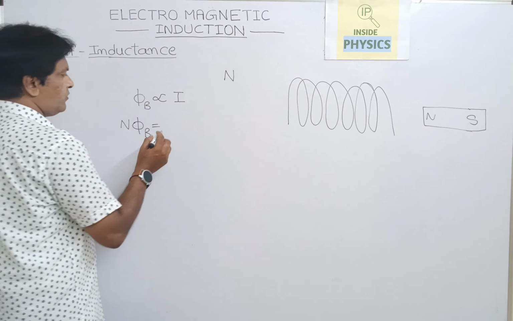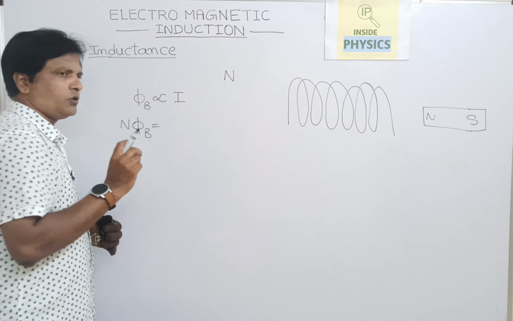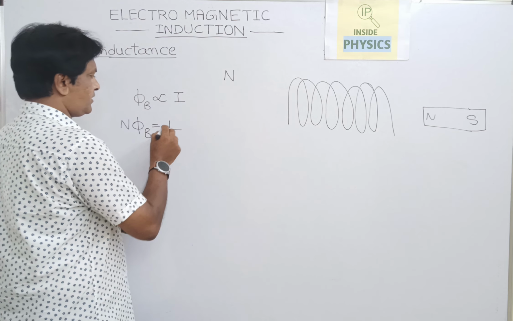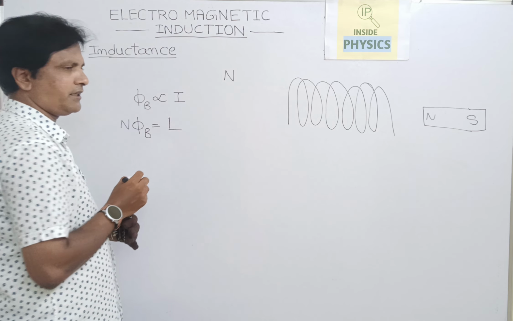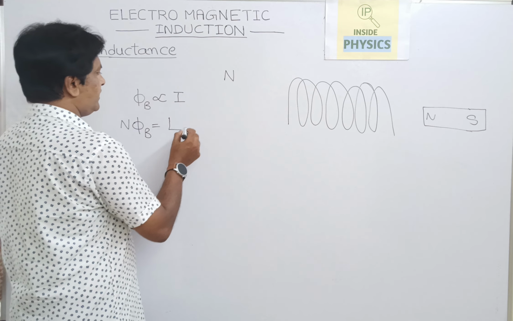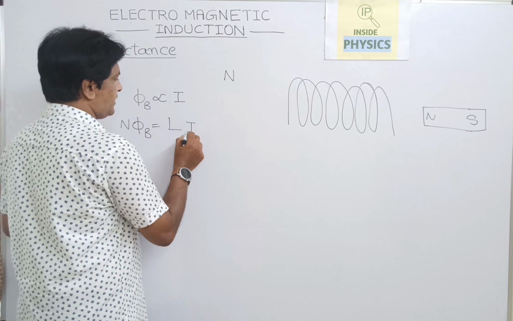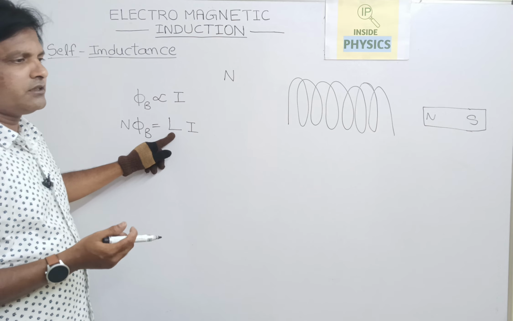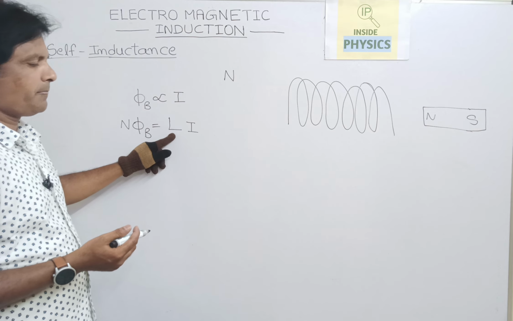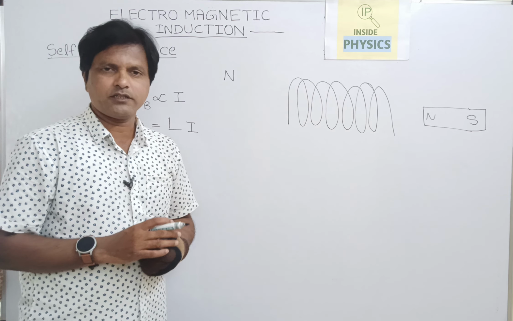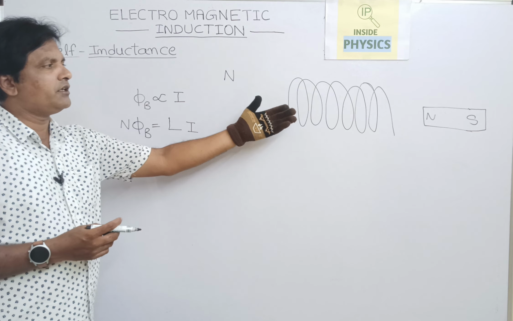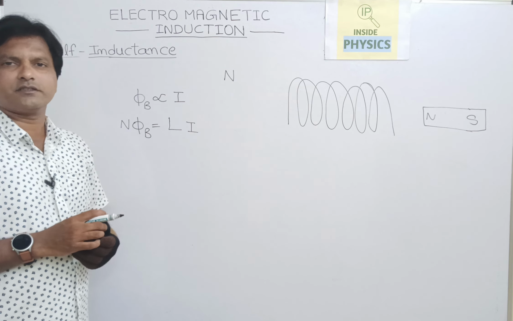So here we will introduce a coefficient called the coefficient of self-induction, which is represented by capital L, and here we write this as I. The coefficient represents the degree, or amount, of self-induction a loop or solenoid has.